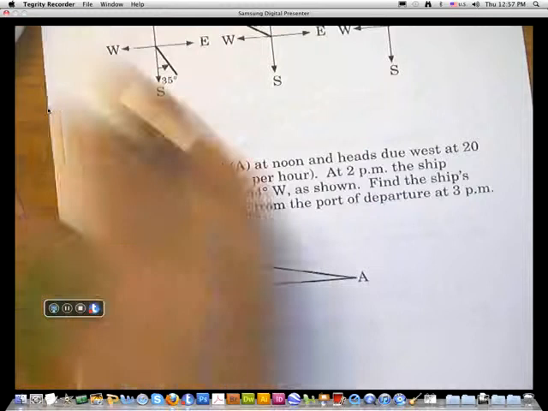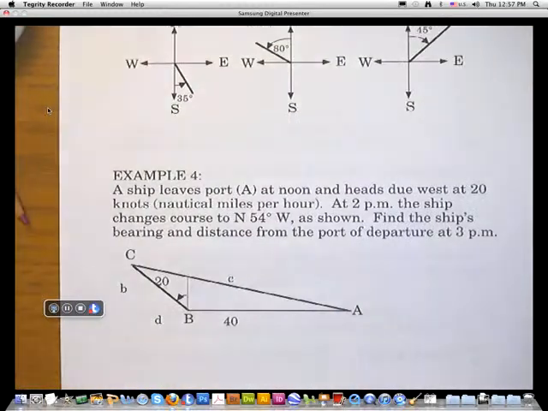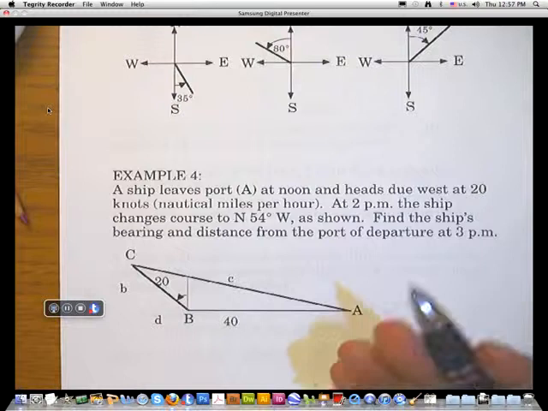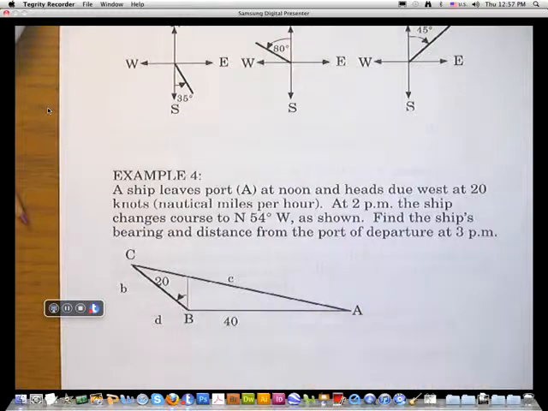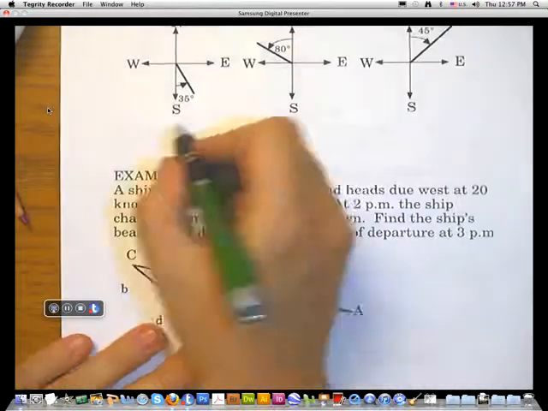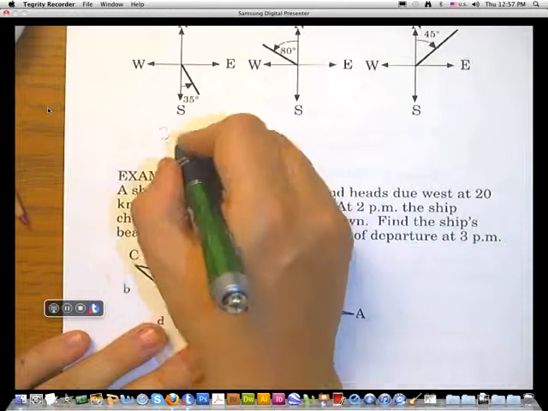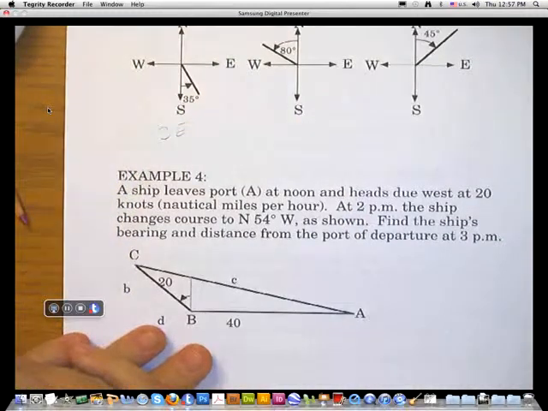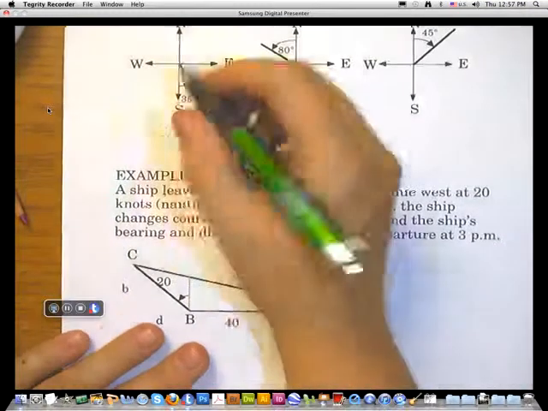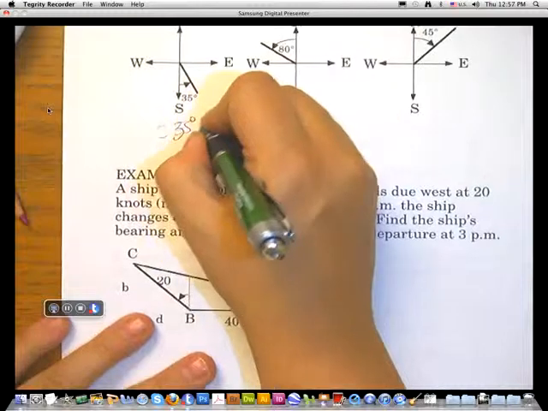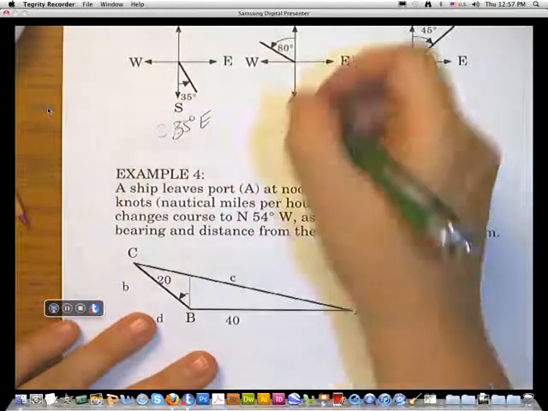When it comes to bearings, you need to make sure you're reading them correctly. Whenever we come from bearings, we're always coming from the north and the south, and then we go east and we go west. So we need to make sure that we are reading our information correctly. This is actually south east, or south 35 degrees east.